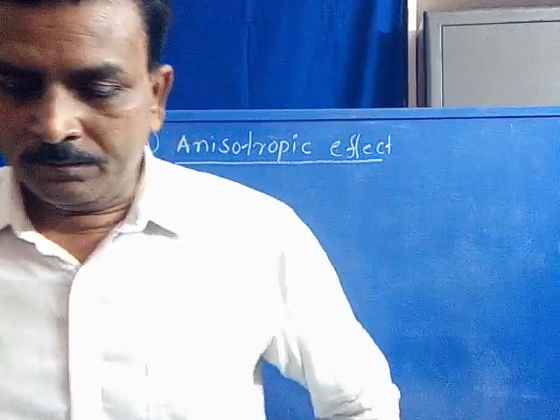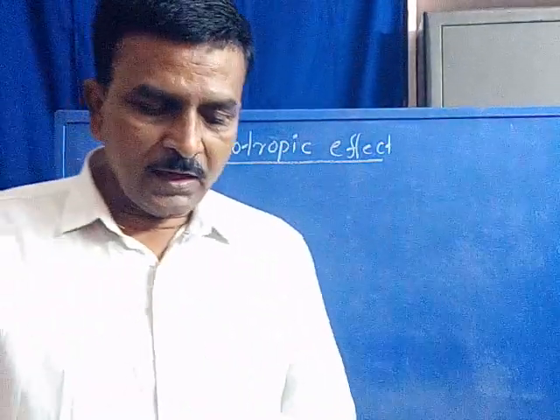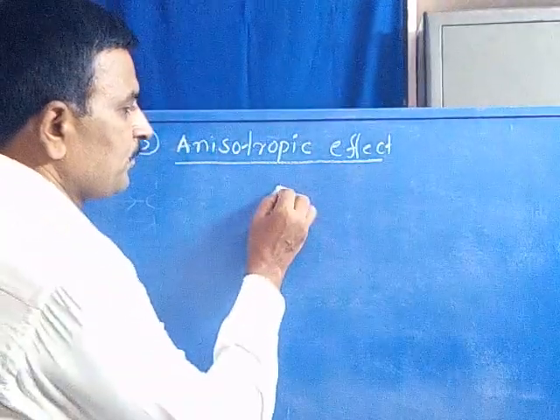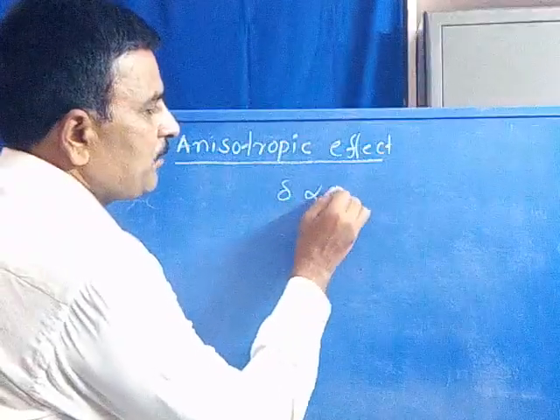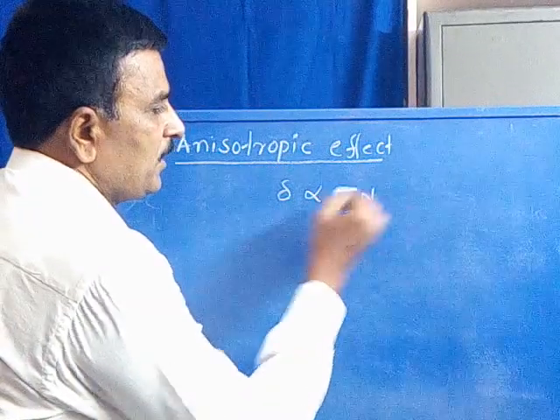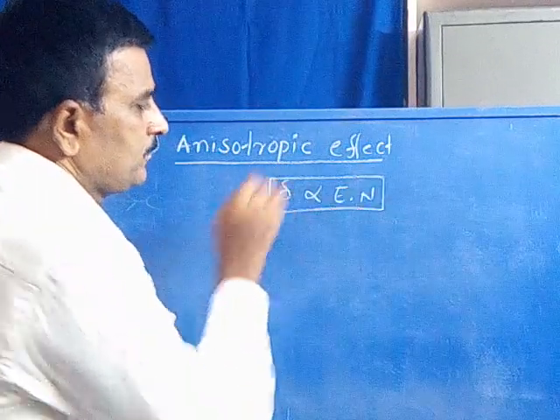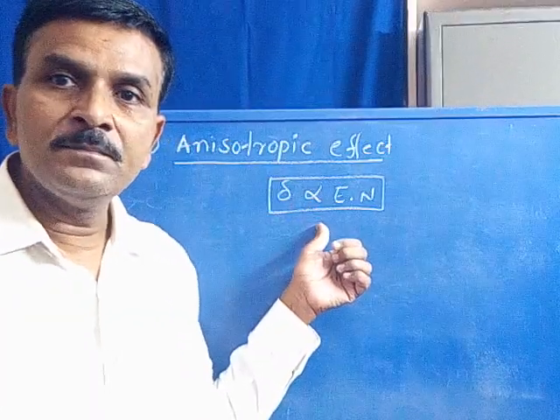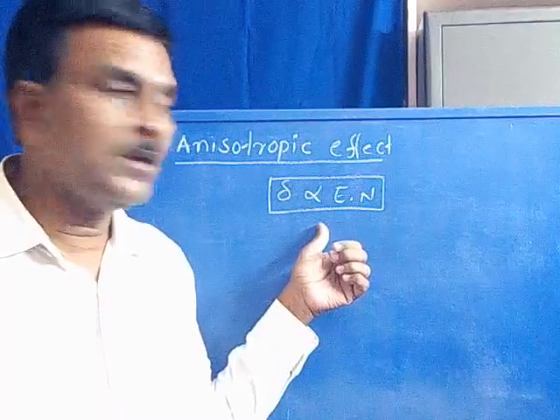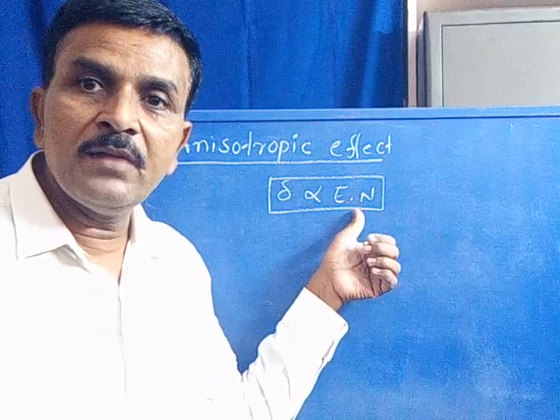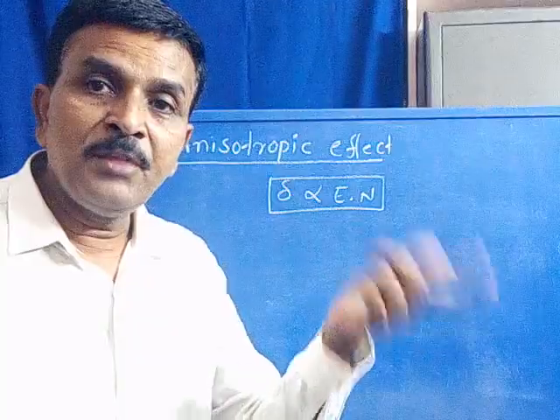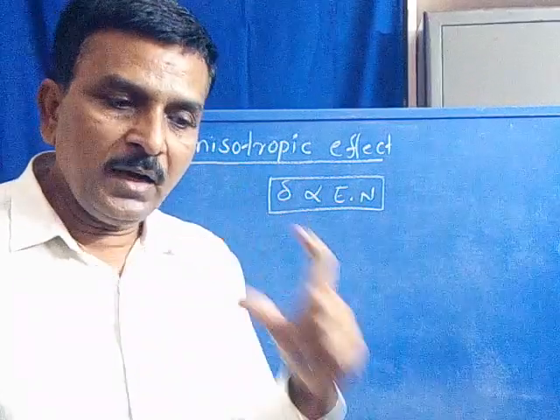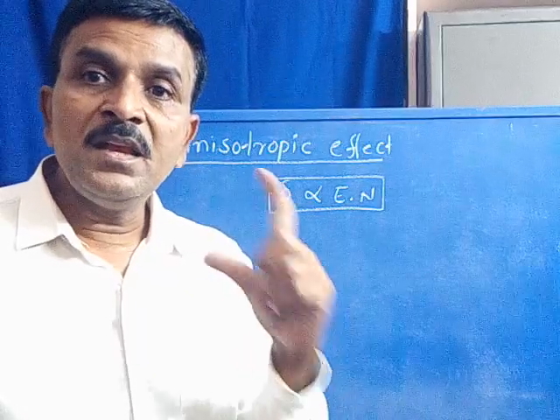Now, according to the relation which we studied, that is, delta is directly proportional to electronegativity, as we studied just now, with increasing electronegativity of the adjacent atom, the proton delta values increase. Is it clear?